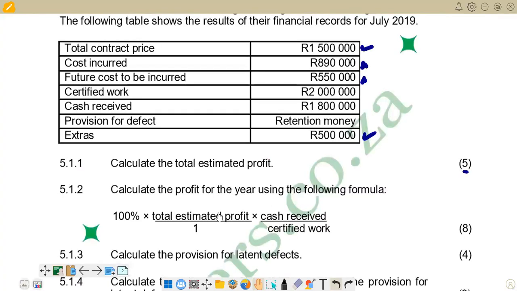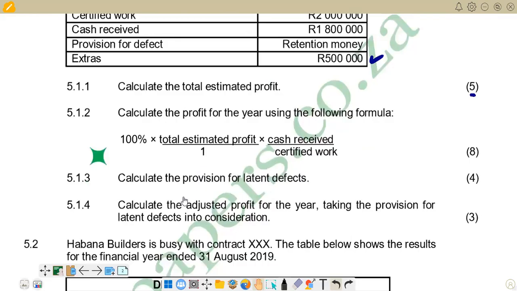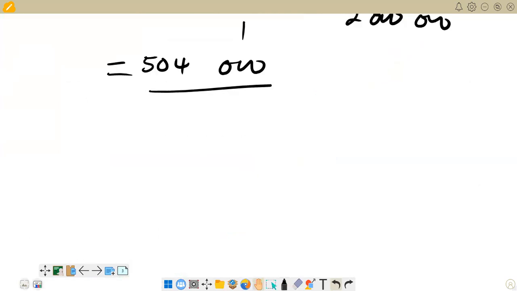Right, we go to 5.1.3. And 5.1.3 is saying calculate the provision for latent defects. So we can just start by putting down the formula to calculate that one.